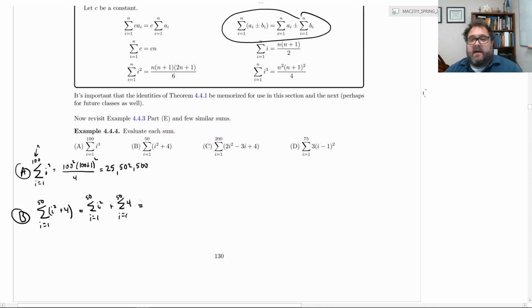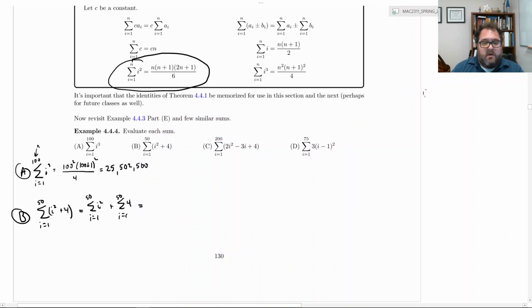And now we can use identities to do the last bit of work for us. We have the first one's the sum of the i squareds, and the second one is the sum of a constant. So we can use these two identities. The i squareds first: you have a fraction over 6, and n is the upper bound here.